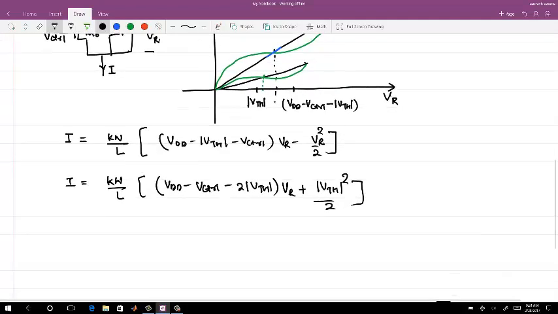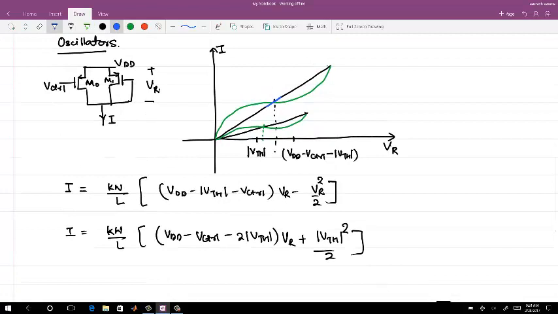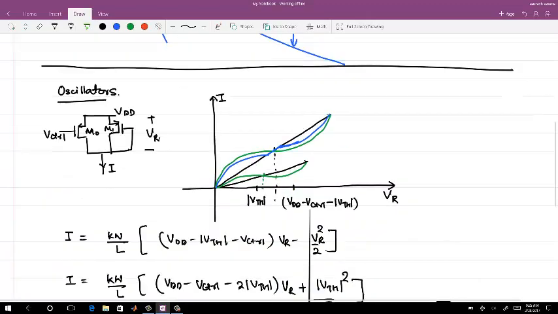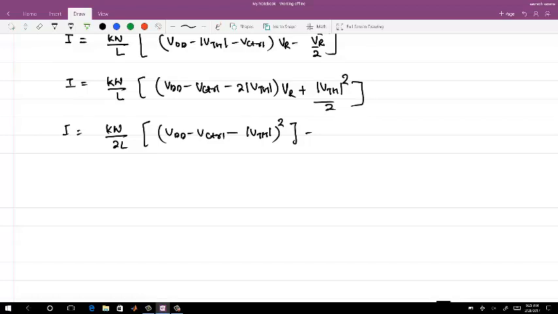So in case I have the linear region, then I have this kind of thing, if I'm drawing with respect to VR, and this is kW by 2L into, plus, (VR minus mod VTH) whole square.